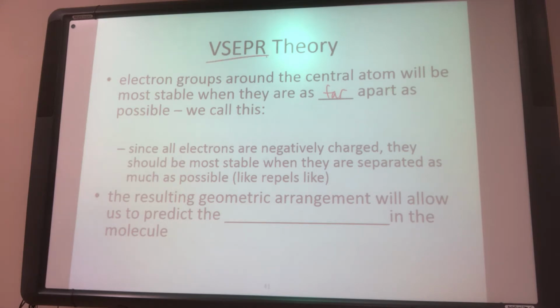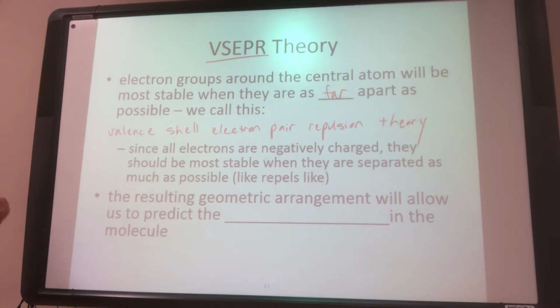And VSEPR stands for valence shell electron pair repulsion theory. So the valence shell, those outside valence electrons, those pairs, because you either have a lone pair or a bonding pair, are going to repel each other.